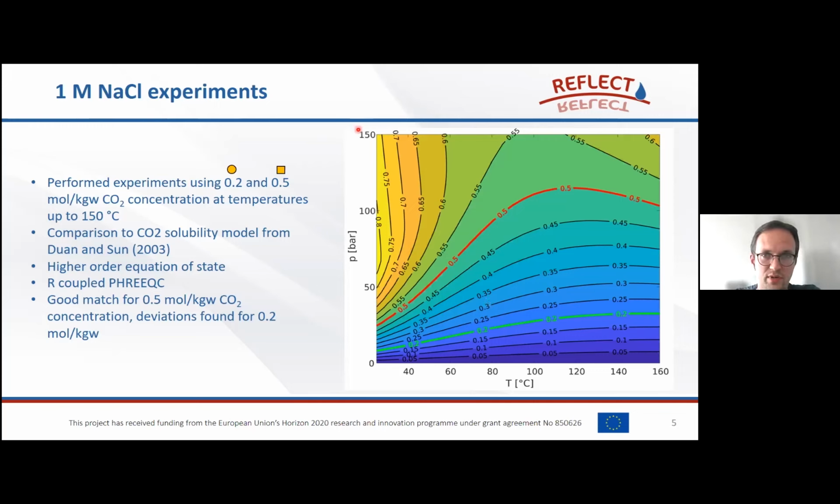And this is what our geochemical model for the CO2 solubility is predicting in terms of the degassing pressure. These are contours of iso-solubility in mole per kilogram of water, and I have highlighted the 0.2 and 0.5 mole contours. This is based on an equation of state from Duan and Sun.